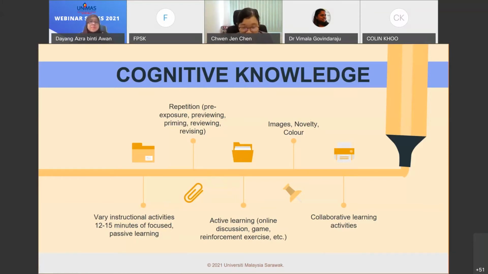But another thing I would like to highlight when we talk about varying instructional activities is that, although we are supposed to vary, personally I think we should not create too many types of instructional activities, because that will overload the cognition of our students.